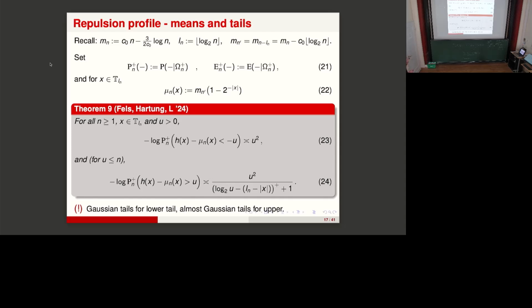So the lower tail is Gaussian, and the upper tail is Gaussian divided by something like log u. So I have a picture in a second.